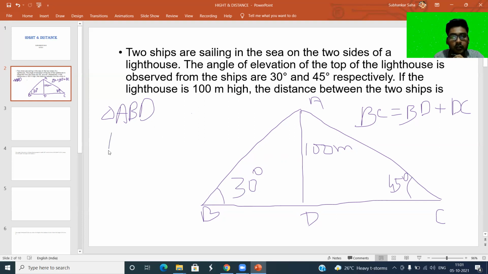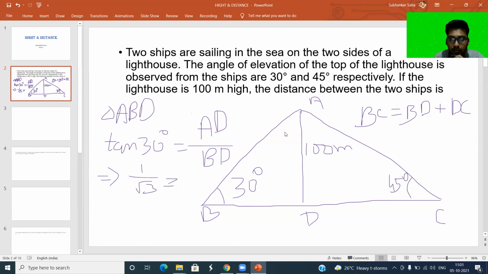Let tan 30 degrees mean height by distance, which means AD by BD. Tan 30 degrees is 1 by root 3, and AD is 100 meters, and BD is not given.